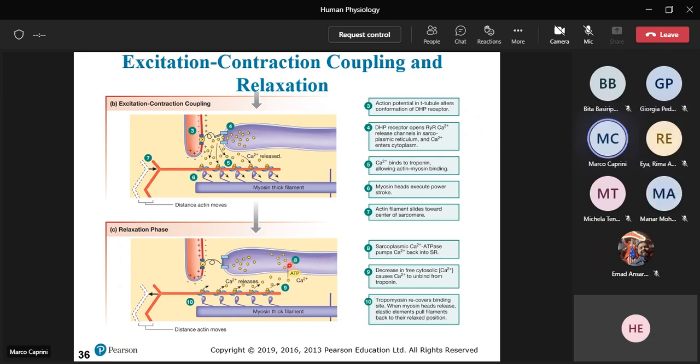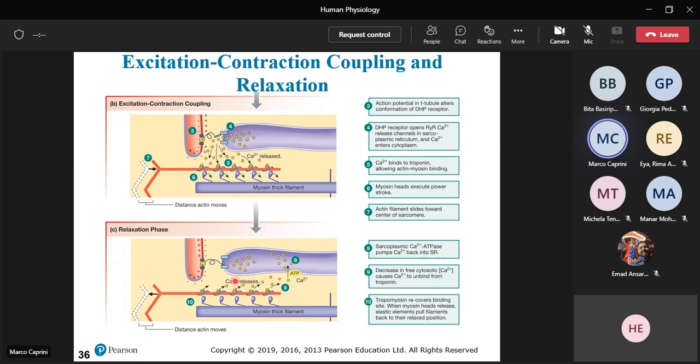The sarcoplasmic calcium ATPase, the SERCA pump, the PMCA pump, and the sodium-calcium cotransporter all together decrease the cytosolic calcium, causing calcium to unbind from troponin, and the muscle is released.